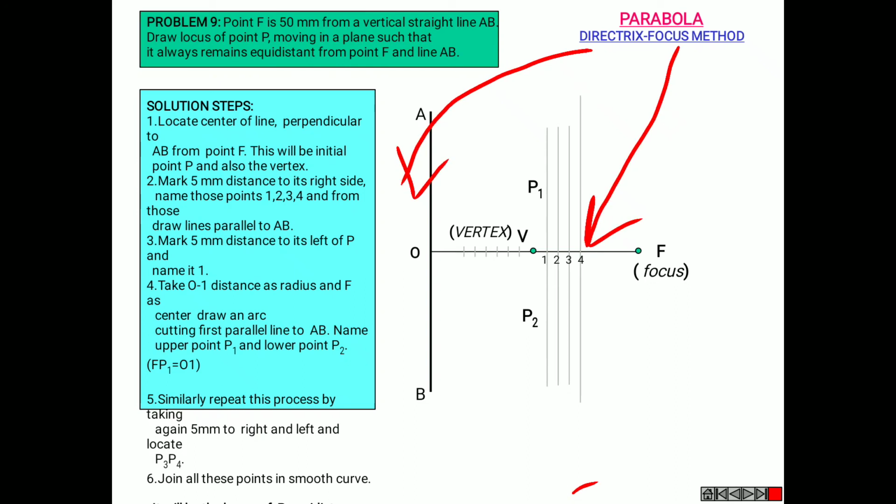Now taking O to 1 as radius, F as center, cut the line 1 both on upper and lower sides in order to obtain P1 and P2 points, and mark the points. Similarly, O to 2 as radius, F as center, cut the line 2 on both above and below. Repeat all the steps similarly up to the fourth line.